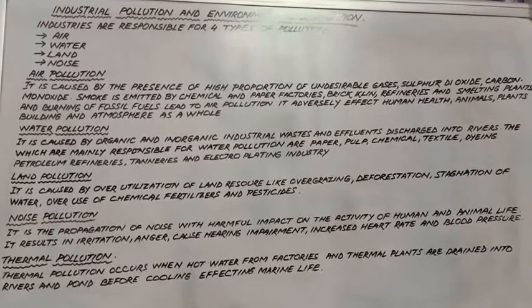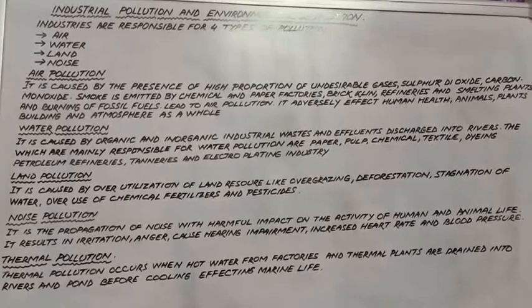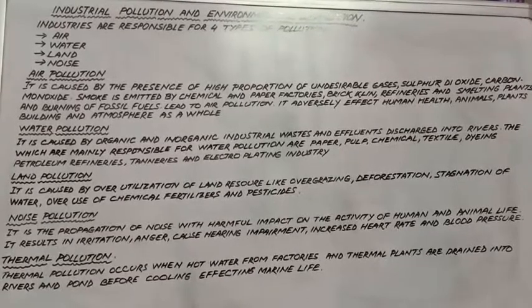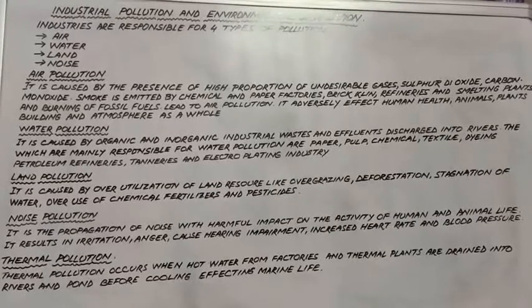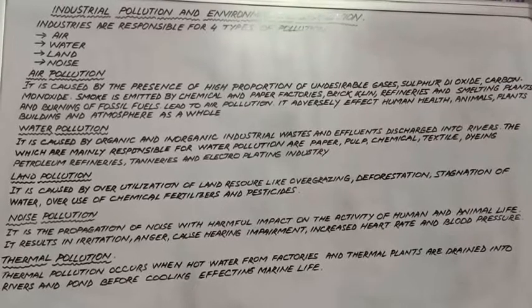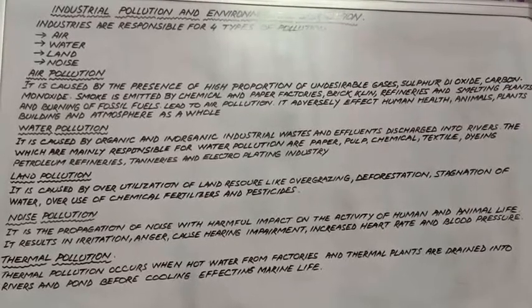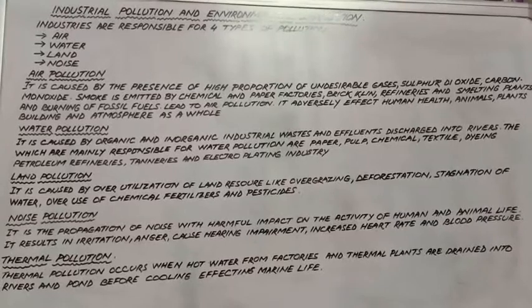We are very much concerned about air pollution, water pollution, land pollution, but seldom do we talk about noise pollution. And this noise pollution is so dangerous that it can harm human and animal life. It can result in irritation, anger, hearing impairment, that means problems in hearing, increased heart rate, and blood pressure. All these things happen due to noise pollution.